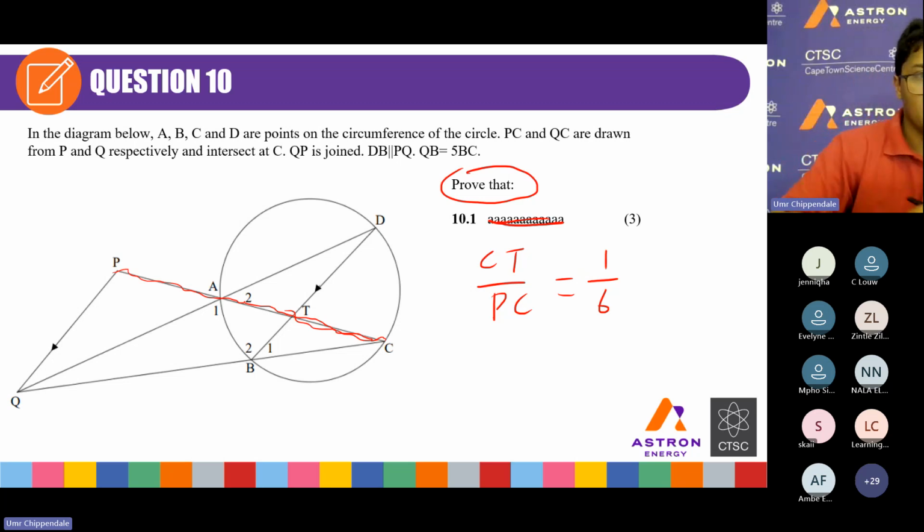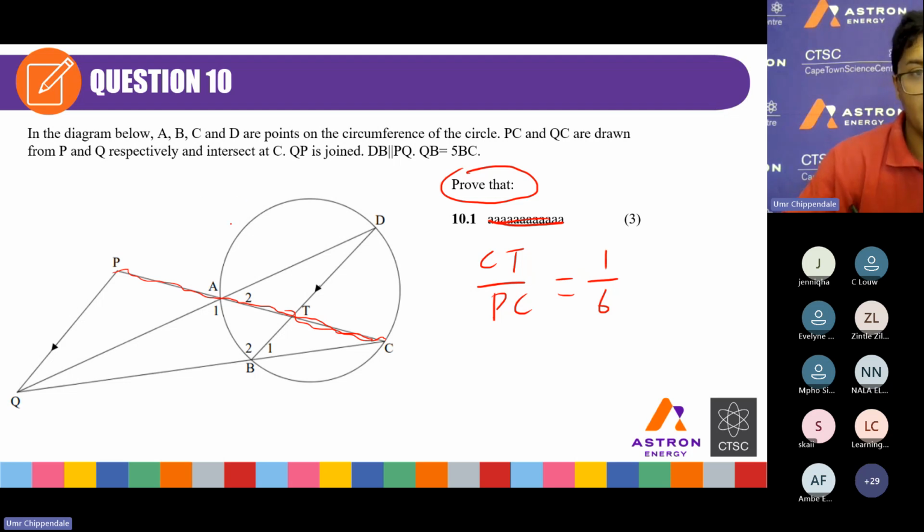In this particular case, we were told that in the diagram below, A, B, C, and D are points on the circumference of the circles. PC and QC are drawn from P and Q respectively, and intersect at C. QP is joined.